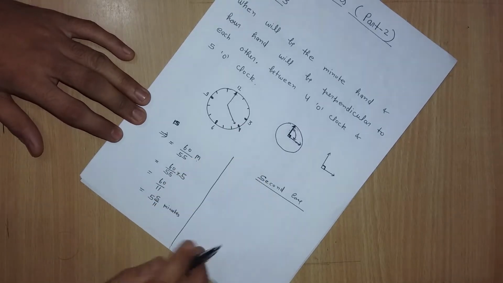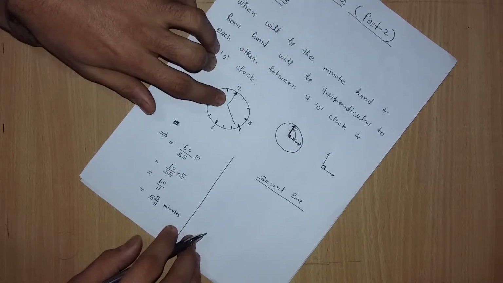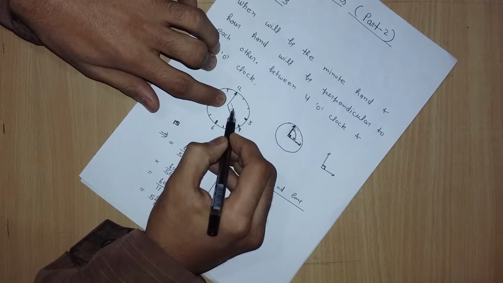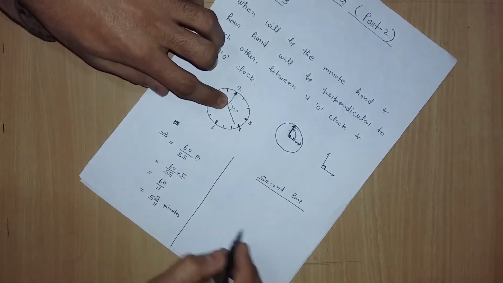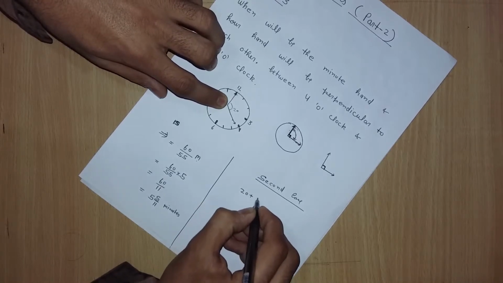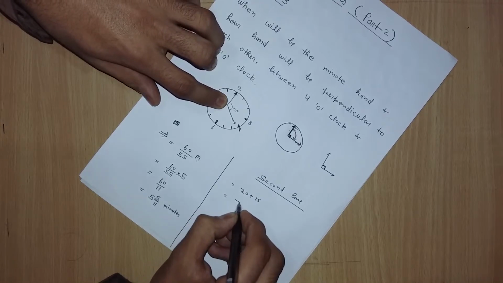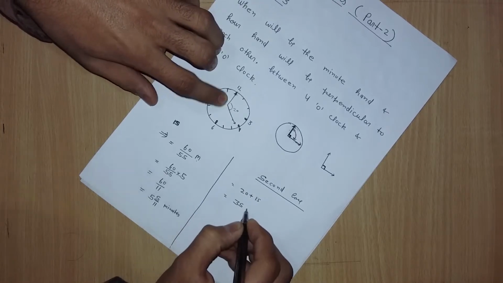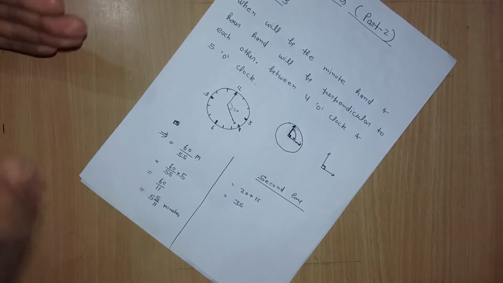So in order to do that, the minute hand has to gain these 20 minutes first, then after crossing the hour hand it has to gain 15 minutes more. So it has to gain 20 plus 15 minutes. So we can say the minute hand has to gain 35 minutes in order to be perpendicular with the hour hand.